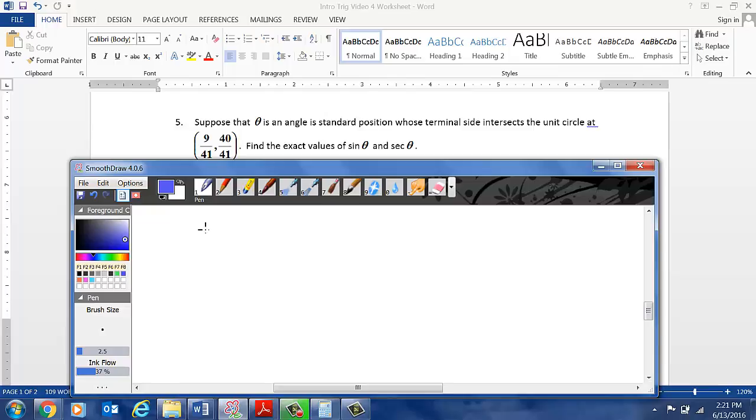So remember that the x coordinate is cosine theta and the y coordinate is sine theta. So in this case, cosine theta is equal to 9 over 41, and sine theta is equal to 40 over 41. So if I'm going to find sine theta, again, that one is right there.